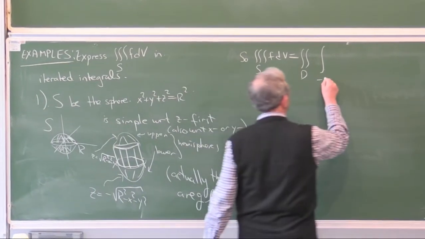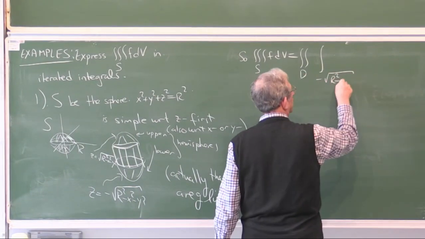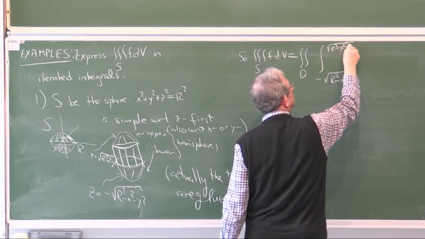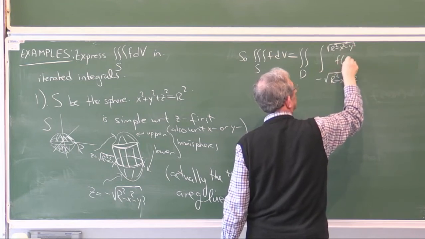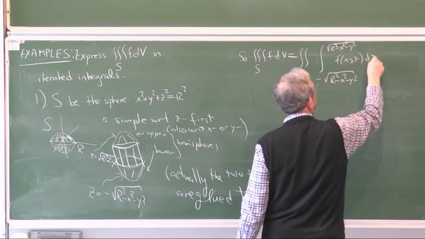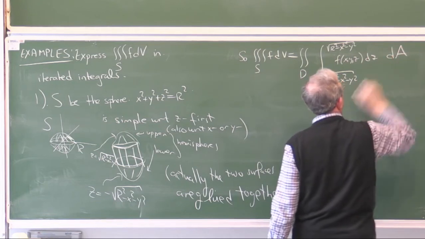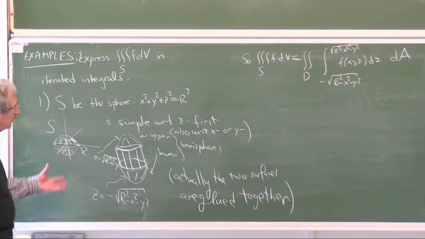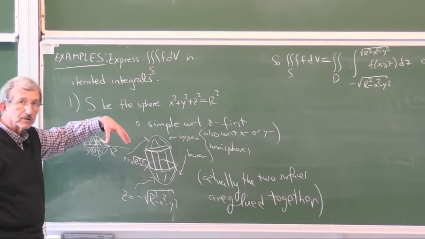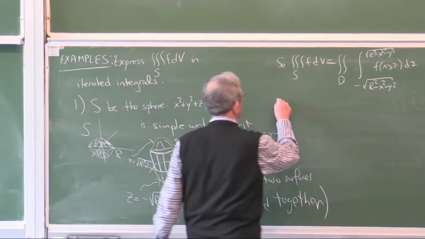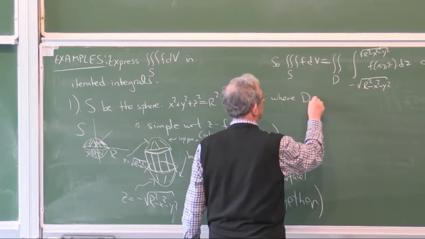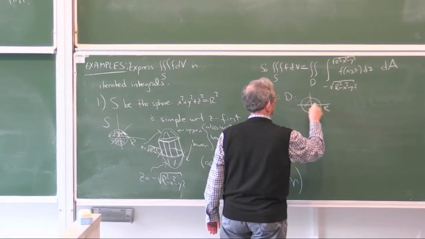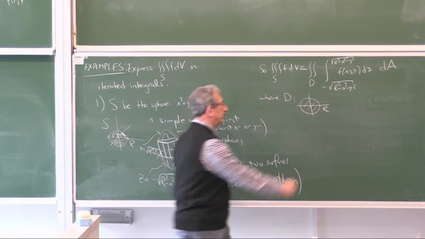So z changed from minus root r squared minus x squared minus y squared up to the positive one. And then you integrate with respect to the other variables over D. What is D? Well, D is what you see when you look from the top. It's the projection. So D is a circle with radius r in the xy plane.